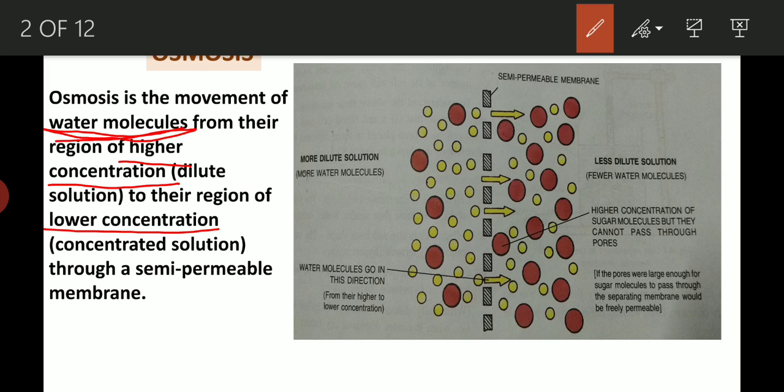That means water molecules will move from a region where water molecules are present in higher amount to a region where water molecules are present in lower amount. See in this picture, which I have provided on the screen, these are the solute particles, and these yellow structures are water particles.